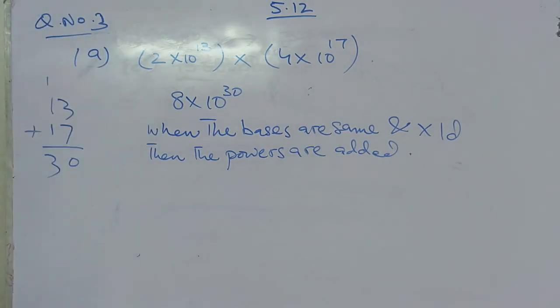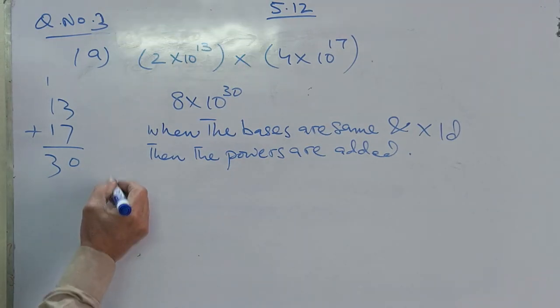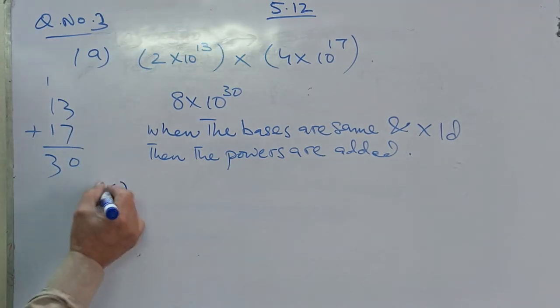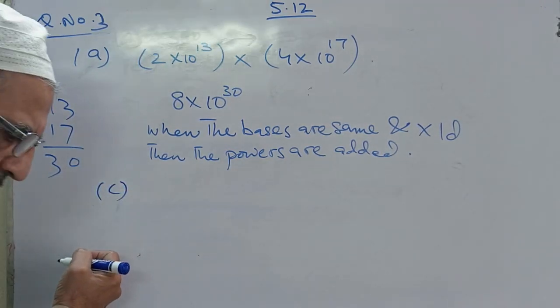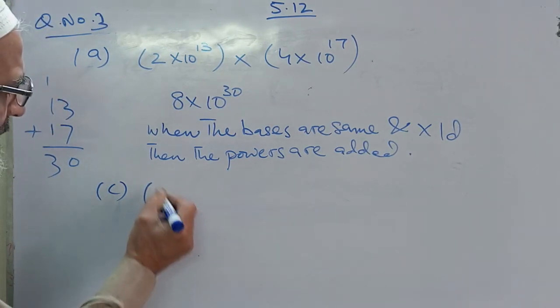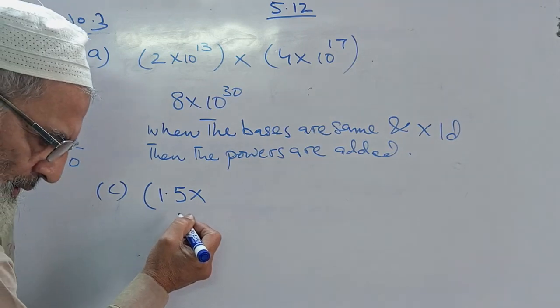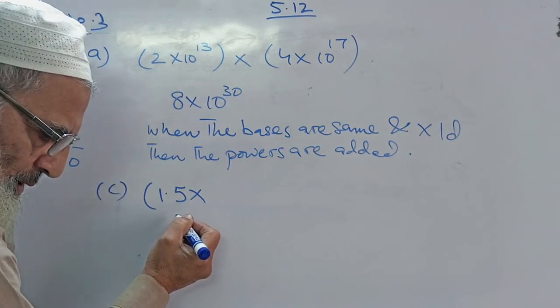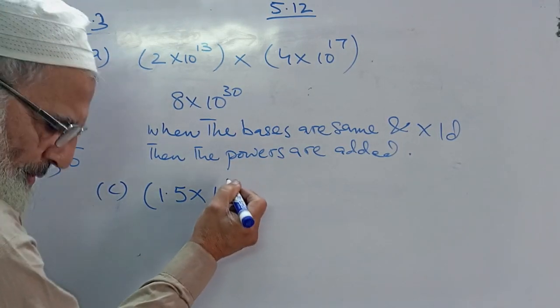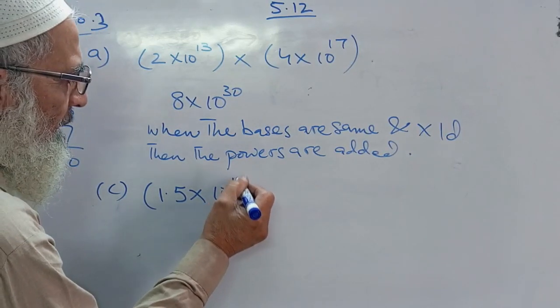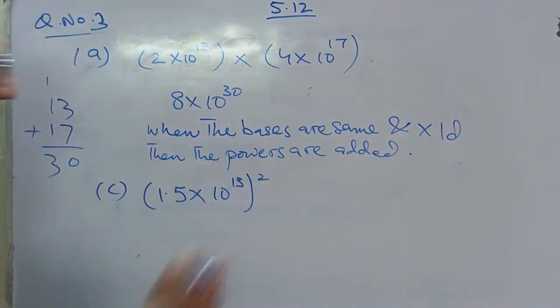B is same but C is somewhat different question. Now it is 1.5 multiplied by 10 raised to power 13, all squared.